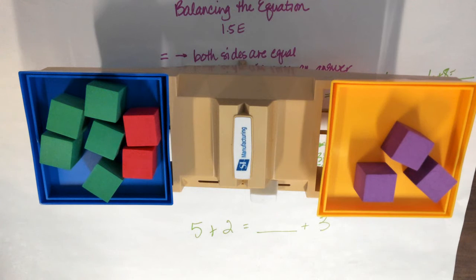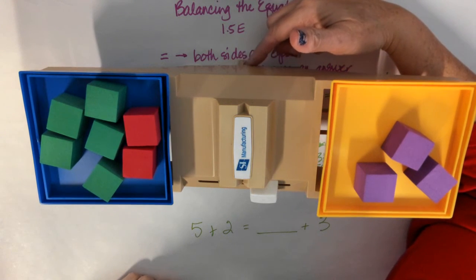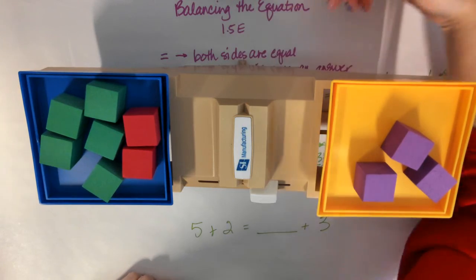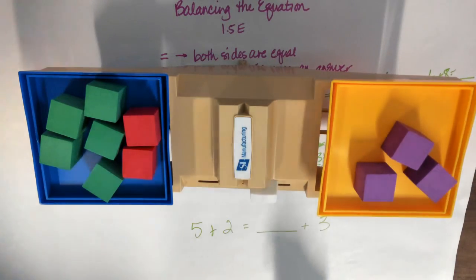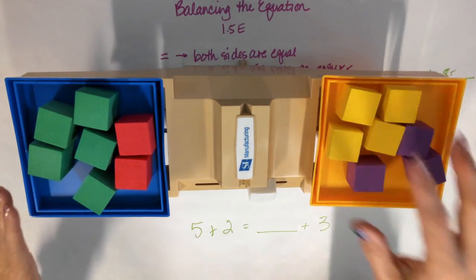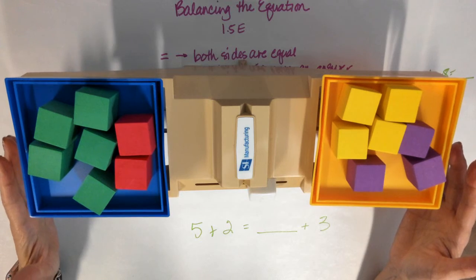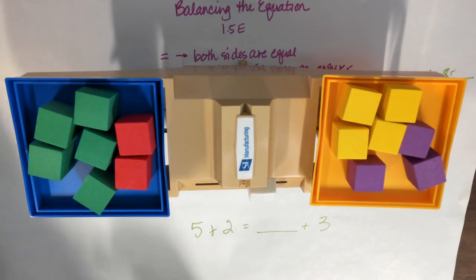I can see right now, you may not be able to see, but I can see that my scale is not balanced. If kids were sitting in front of it, they could see that the mark where it lines up is over here, so it's not balanced. But if I put 4 more with it, as soon as it quits bouncing around, now my scale is balanced because both sides equal the same.